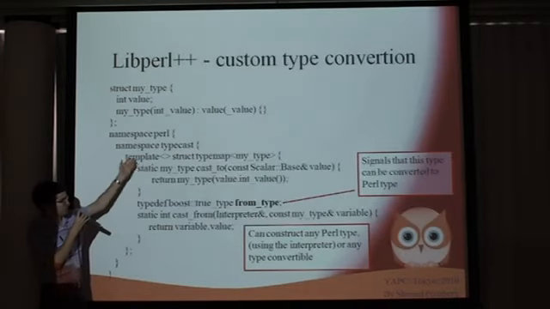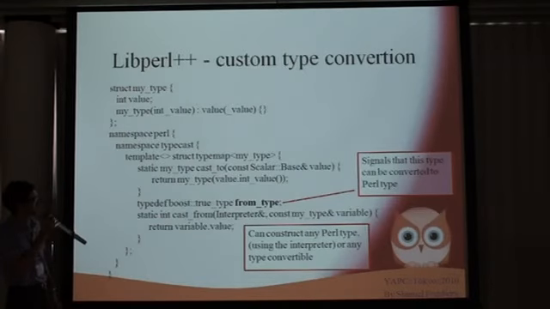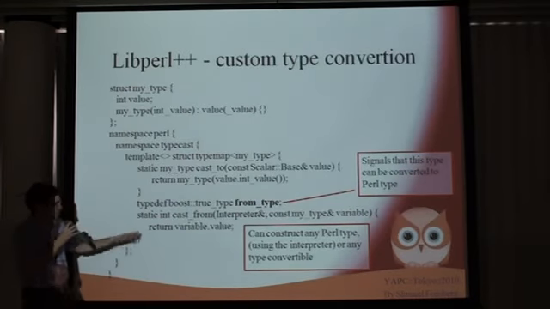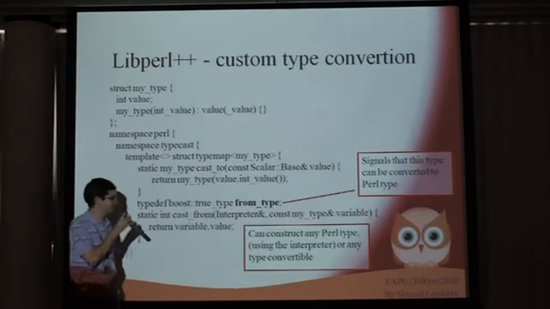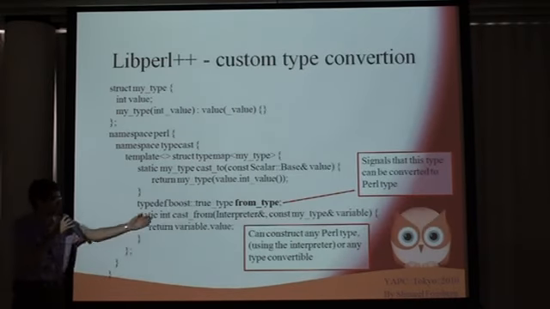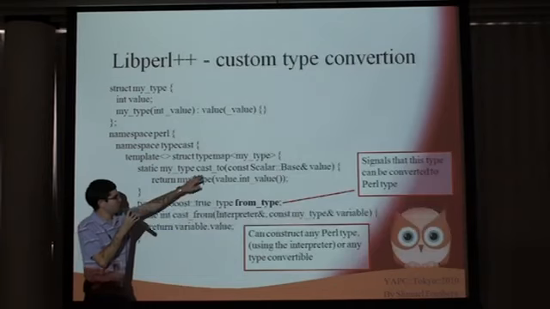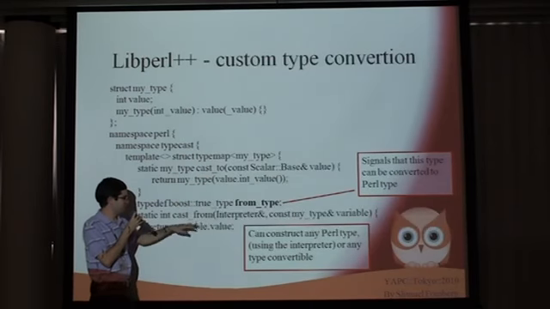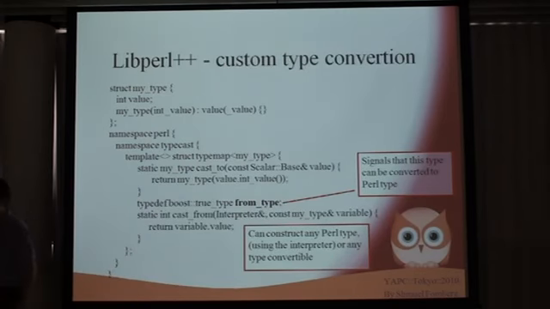That's called the template specialization. And if you have a from type, you just declare this line, and then the system knows that you have cast from. You only have to make cast to. But if you can, you can do also cast from if it is possible. If you know how, of course.